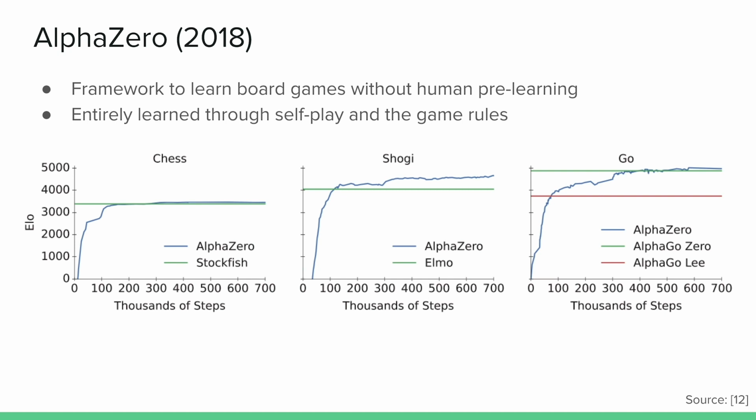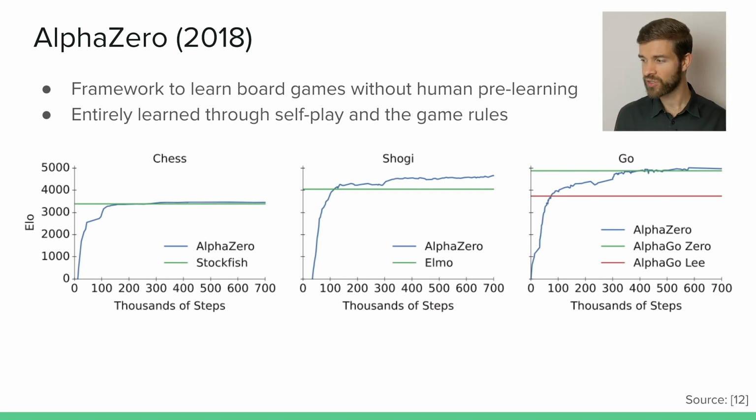And what you can see here is for three different games, chess, shogi, and Go, that if you train it for a certain number of steps, it will become better than the baseline that they're using. What you can see here is this Elo, the rating system, which is a relative skill level for players in zero-sum games. And it postulates that each player's skill can be modeled with a normal distribution with a certain center.